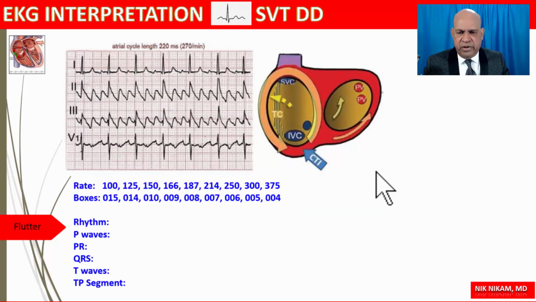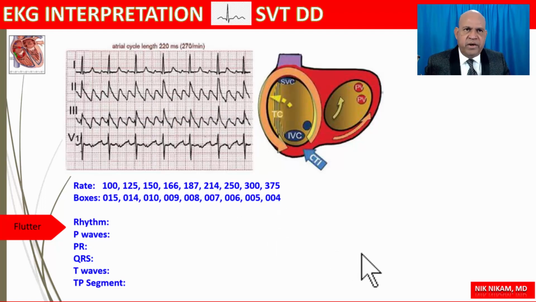Now let's move on to the next arrhythmia in the supraventricular category, atrial flutter. Atrial flutter occurs because of the presence of accessory pathways located along the tricuspid ring. There are multiple accessory pathways. They all act like a circuit that results in atrial flutter, giving this typical sawtooth appearance of this particular arrhythmia.